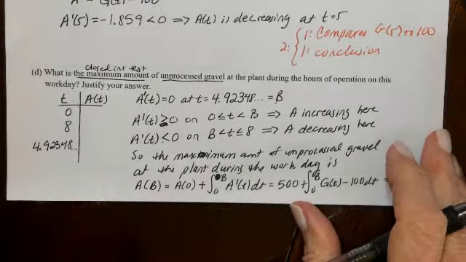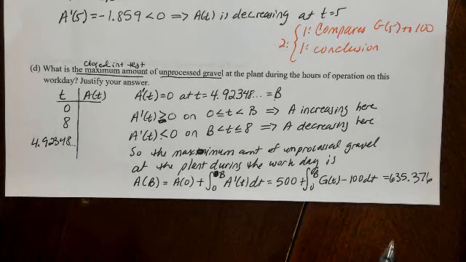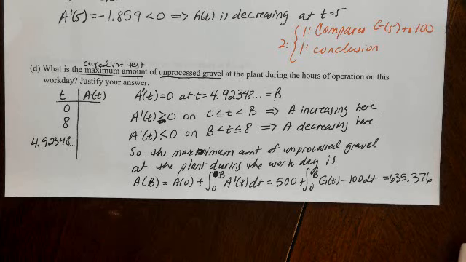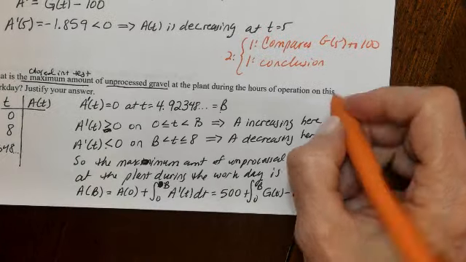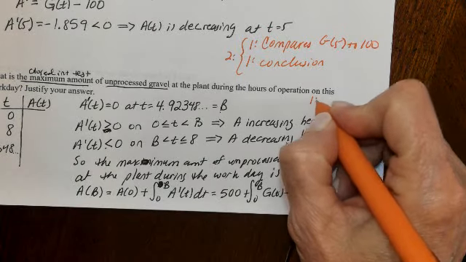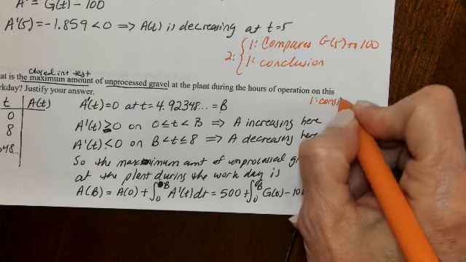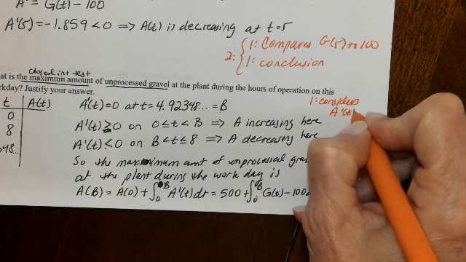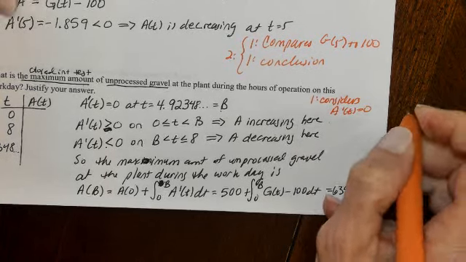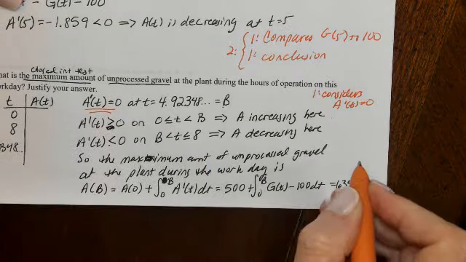Okay, I always take another look at the problem and make sure I answered what they were asking for. Did they want the time? Did they want the amount? Make sure that you gave them what they were asking for. Okay. This part was worth 3 points, you guys. 1 point for considers A prime of T is equal to 0, which we definitely considered.